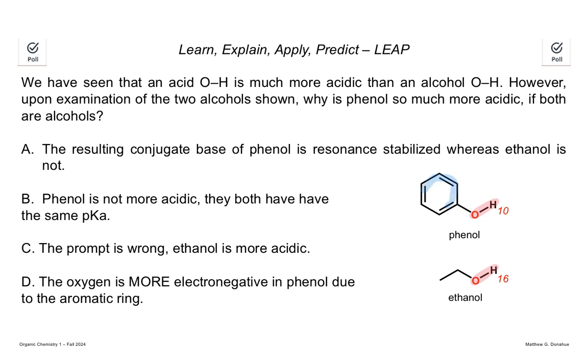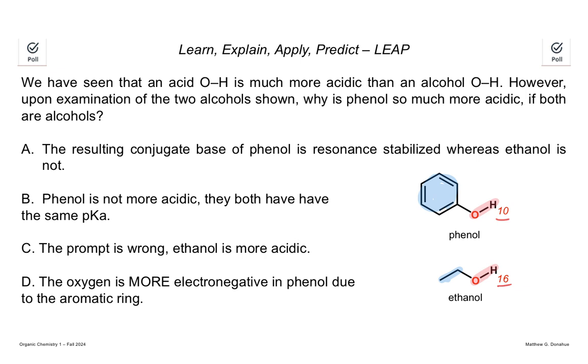But if you look at what's bonded to them, that really affects the acidity of the molecule. Phenol has a pKa of 10, ethanol 16. So the phenol is much more acidic. Why is that?